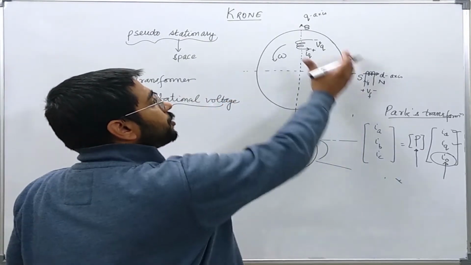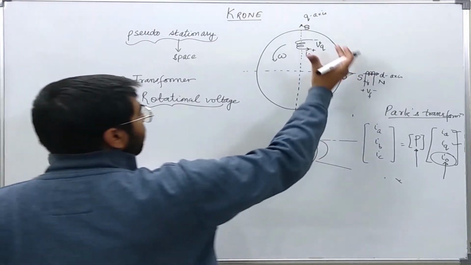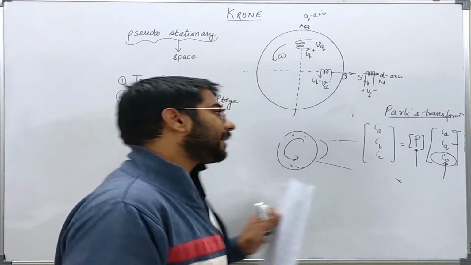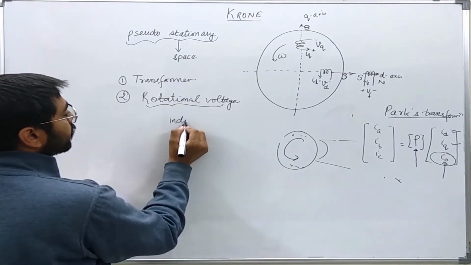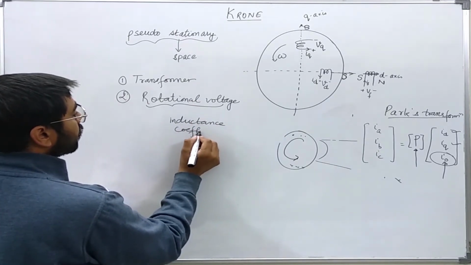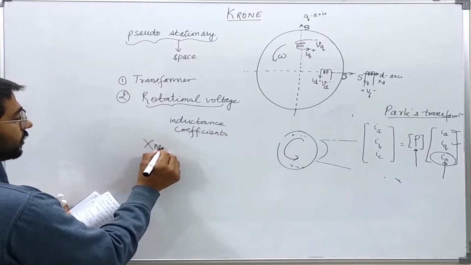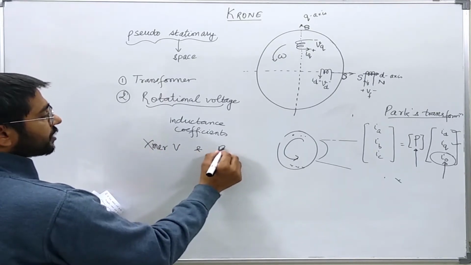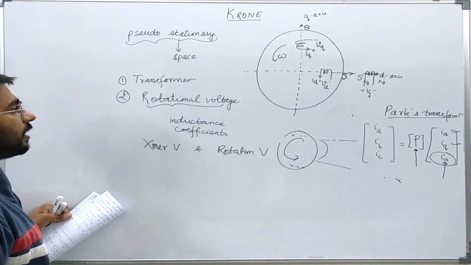Whenever the distribution of flux density is sinusoidal in space or in the air gap, it can be shown, although I am not going to prove it here, that the various inductance coefficients used for the transformer voltage and the rotational voltage will be equal.